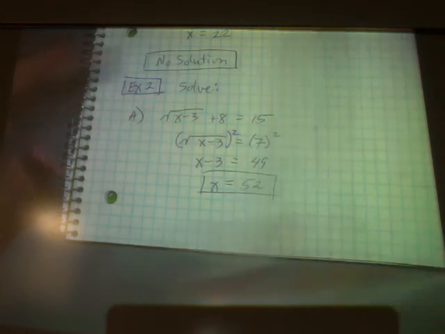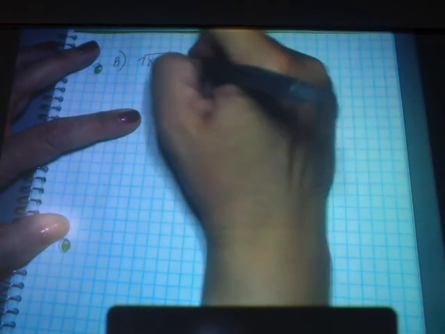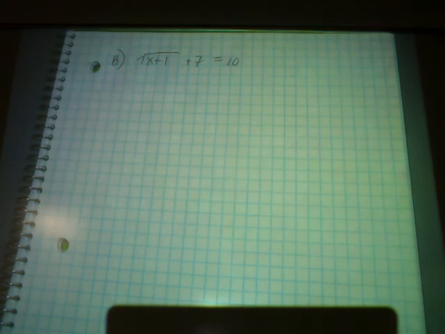I want you to try this one on your own. So B, you are solving the square root of x plus 1 plus 7 is equal to 10. Solve and check.